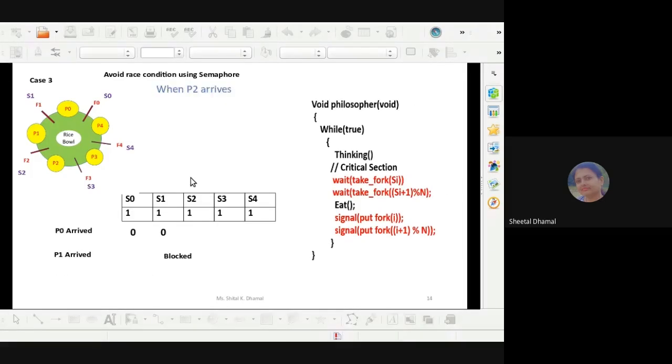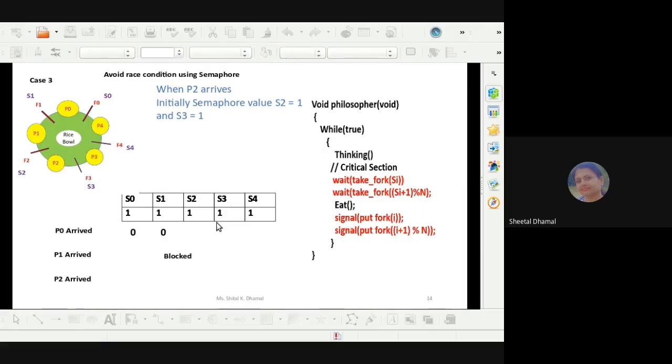Now let us consider that P0 is using the critical section, P1 is blocked and process P2 arrives. Philosopher P2 requires the S2 and S3 fork. So what will it do? P2 will check the values of S2 and S3. From this table, the values of S2 and S3 are equal to 1.